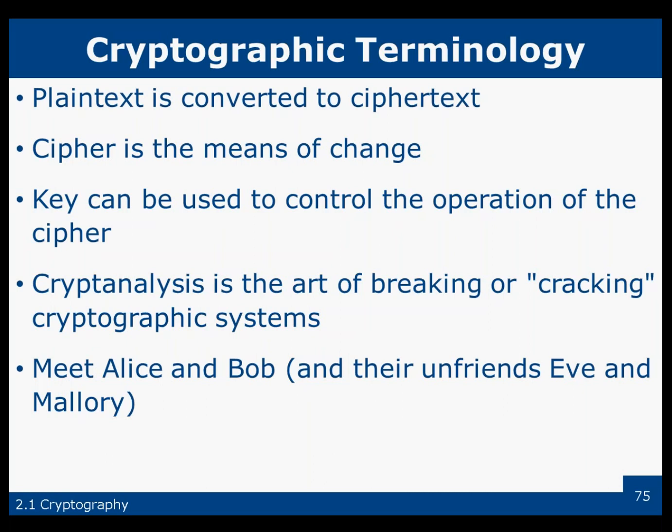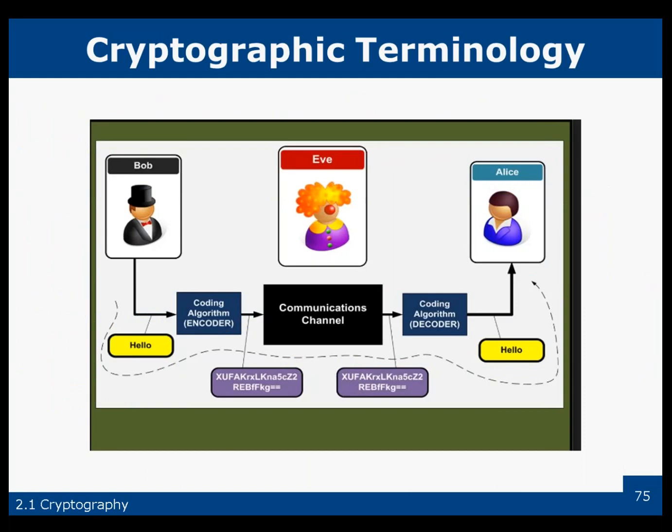Cryptanalysis is the art of breaking or cracking cryptographic systems. And then they say meet Alice and Bob, and their unfriends Eve and Mallory. Well, I couldn't find one with Mallory in it, but here are Bob and Eve, and they frequently do use these names to demonstrate what goes on. In this one, no big secret here, but I have to have my pictures, as you know.